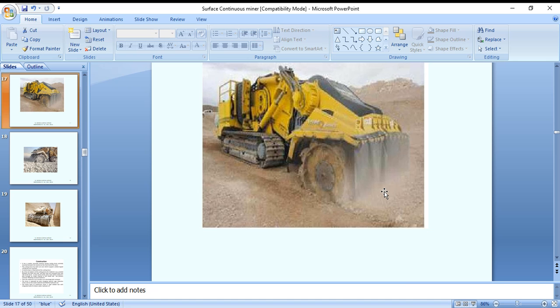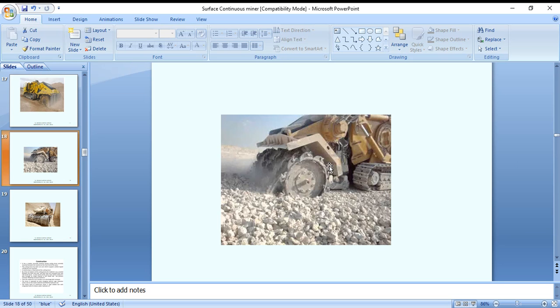This is another model of the continuous surface miner. See this, this is a second model.